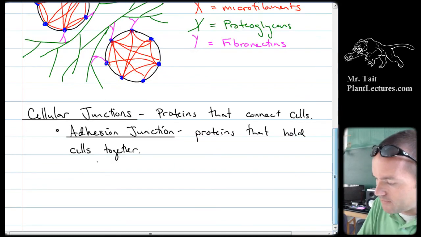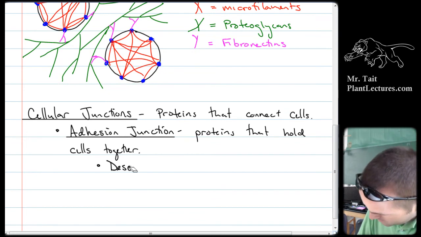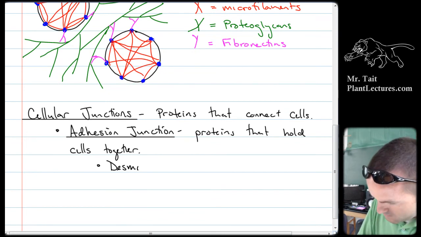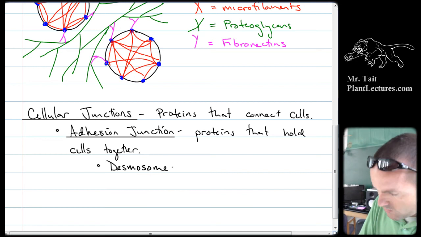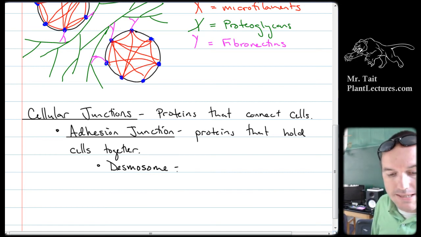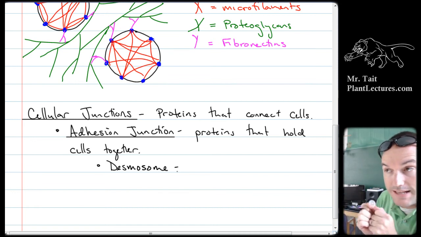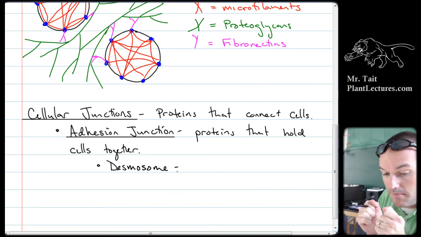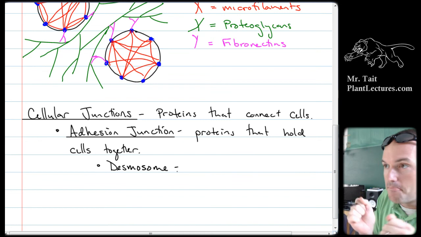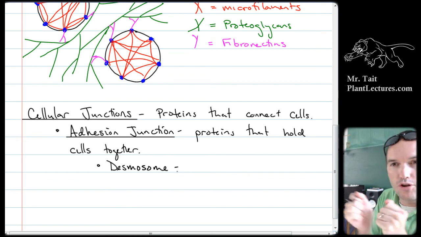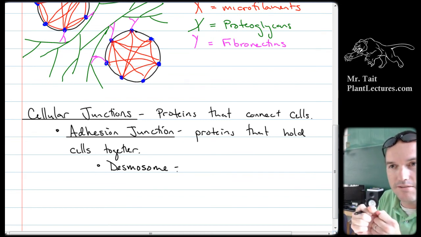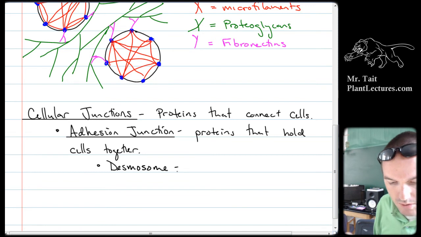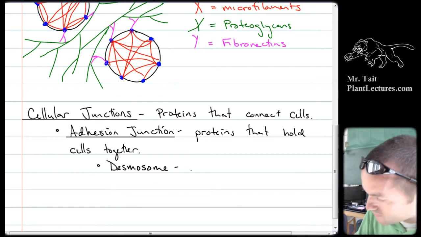The strongest type of adhesion junction is called a desmosome. And a desmosome is the type of adhesion junction that not only connects in a very strong fashion, but it also is going to allow for a little bit of elasticity, right? So it allows for them to stretch a little bit.